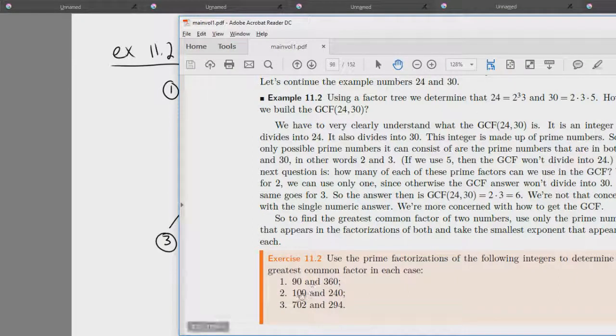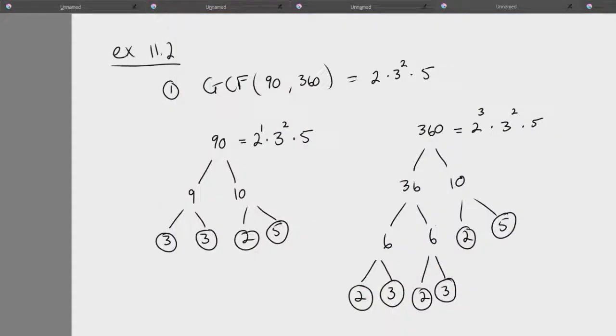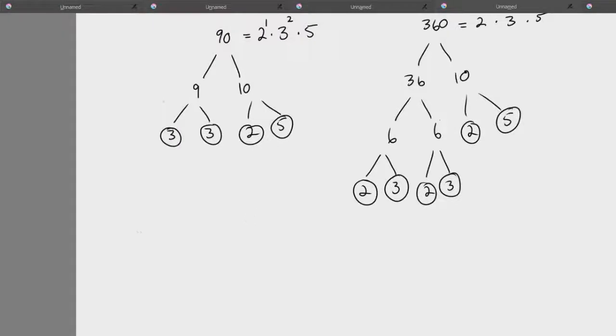So if we look at number 2, we have to find the greatest common factor of 100 and 240. But let's write it down here. This is number 2, greatest common factor of 100 and 240. But hold on a second. I already did the work.